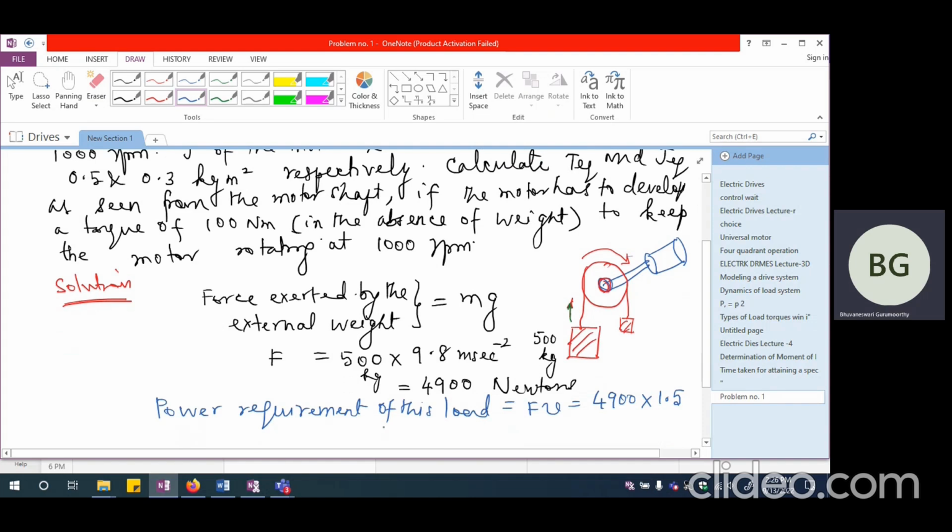So 4,900 multiplied by 1.5, that is 7,350 watts.